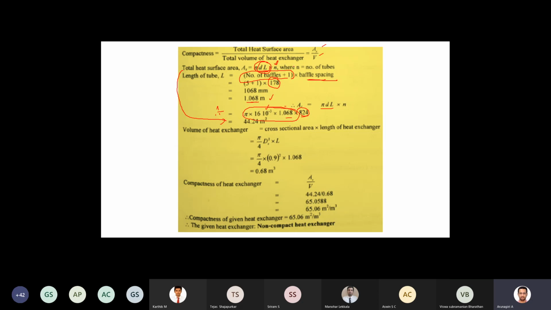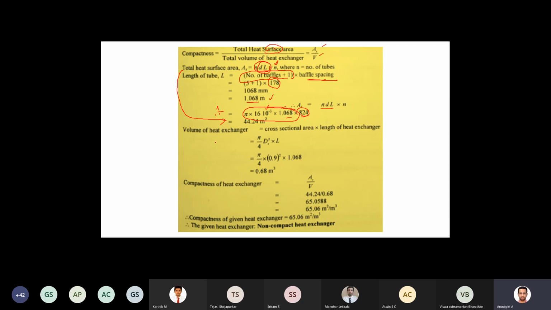Heat transfer area means surface area, that you have to remember. You should not calculate the cross sectional area. When you calculate velocity, mass flow rate or volumetric flow rate, in those cases you use cross sectional area.